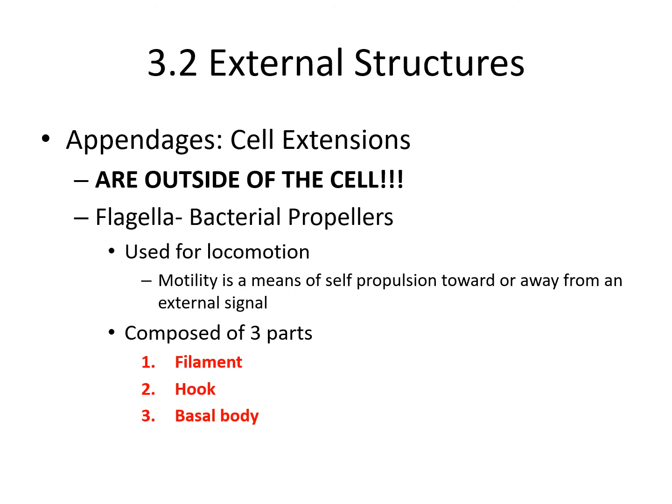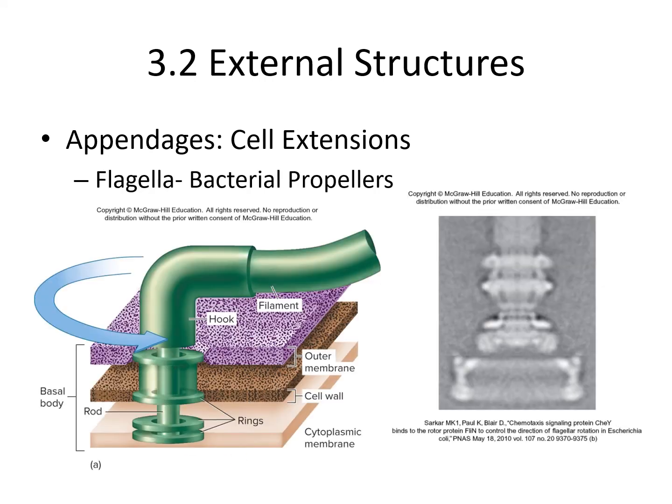Flagella are going to have three components: a filament, a hook, and a basal body. This is completely different from the eukaryotic one that you've probably learned in a previous course. A filament will protrude out.